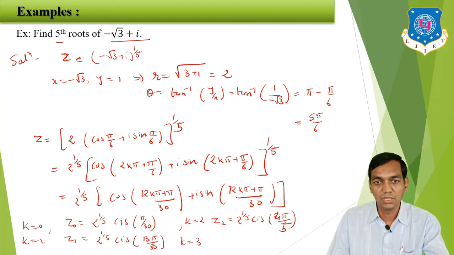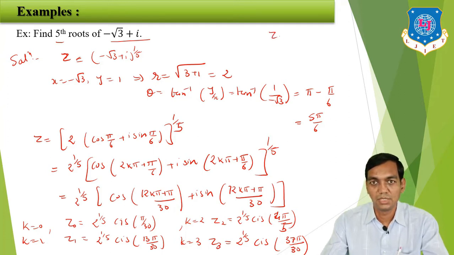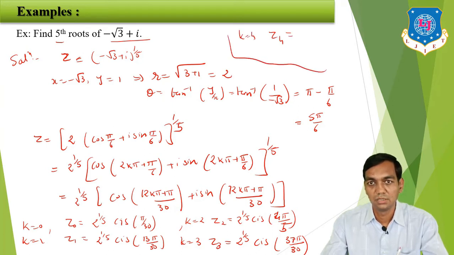K is equal to 3, so Z3 is 2 raised to 1 by 5, cis 37 pi by 30, okay, and the last one, Z4, K is equal to 4, and that will be 2 raised to 1 by 5 cis 49 pi by 30, okay.